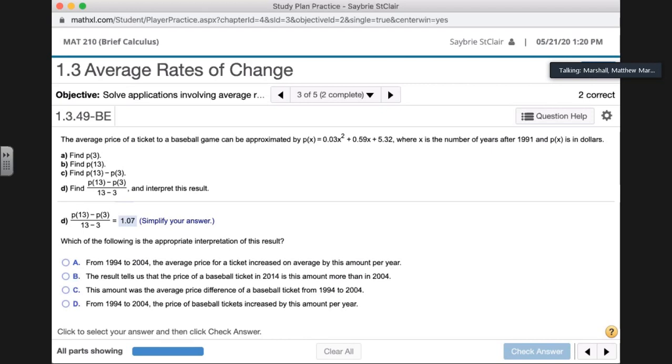That was 18.06. So pretty much that's the slope between those 2 points. So that's the average price change between the years 1994 and 2004. So I would say A, the average price increased by that slope. Yeah, I'd say A on that one.